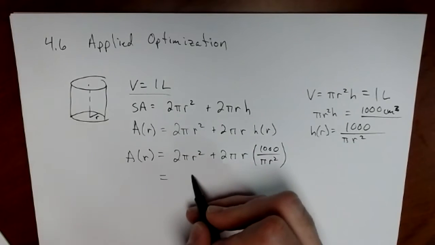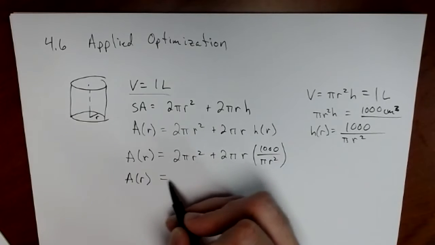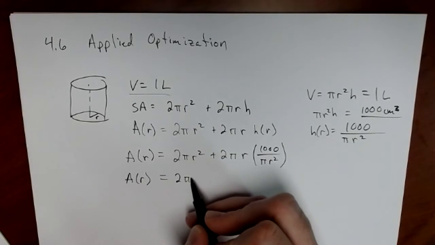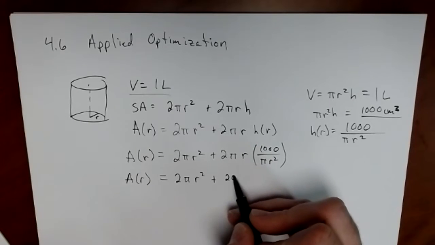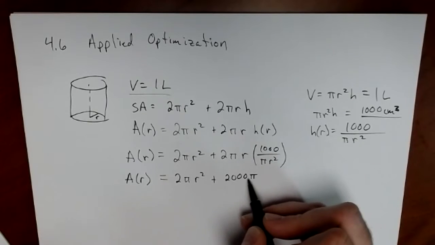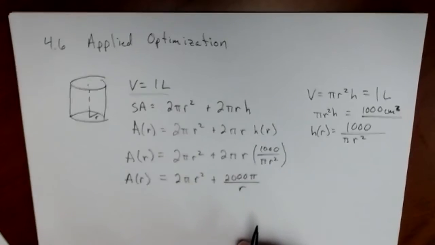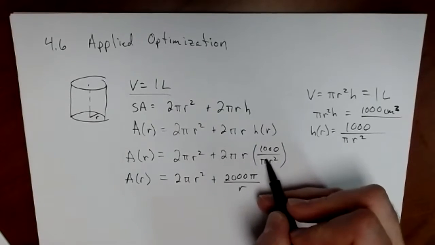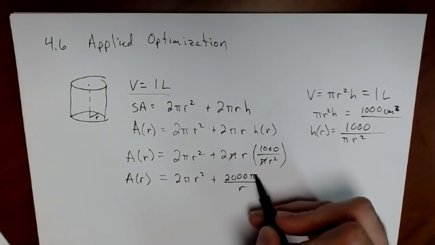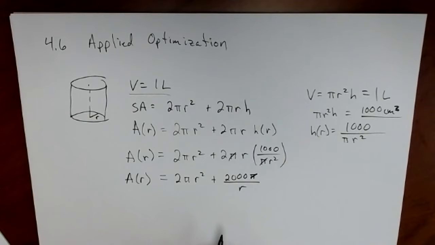We can clean that up a little bit. A of r equals 2 pi r squared plus 2,000 pi over r. Nope, I didn't cancel my pi's, did I? I canceled one of them, not the other. Just 2,000 over r.